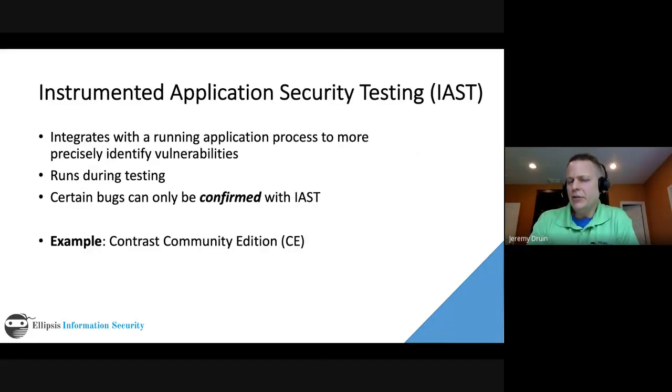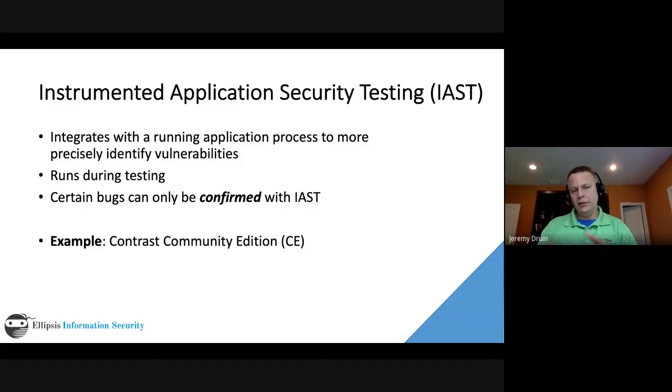The instrumented application security testing is also somewhat in the dynamic category. It's kind of like a cousin of the DAST scanners, but there's a really big difference between the DAST product, which is really a scanner sitting somewhere out on the network that's scanning from afar, and an IAST tool, which is installed as an agent with the application.